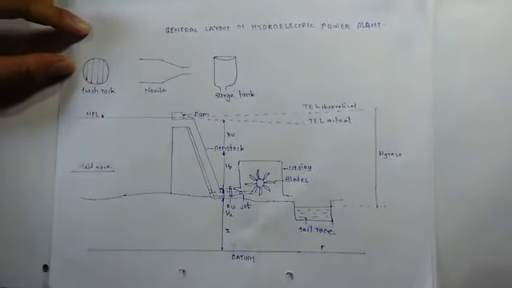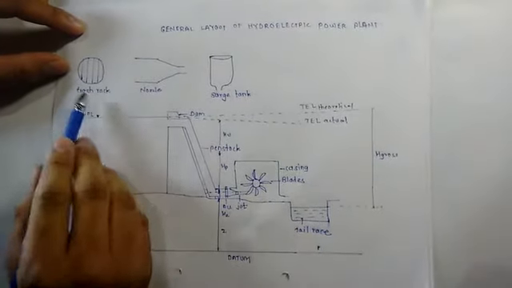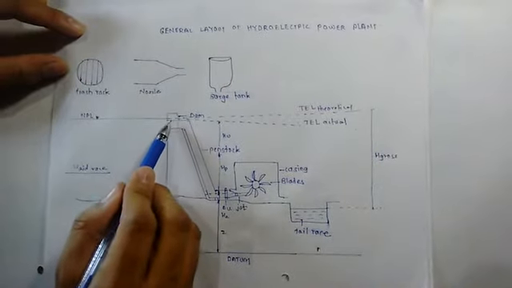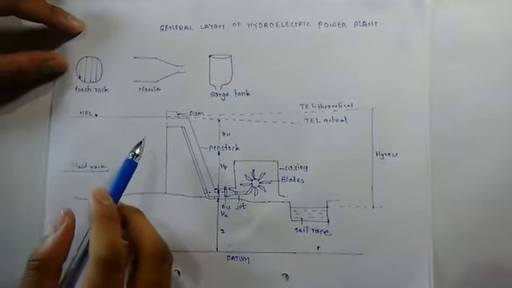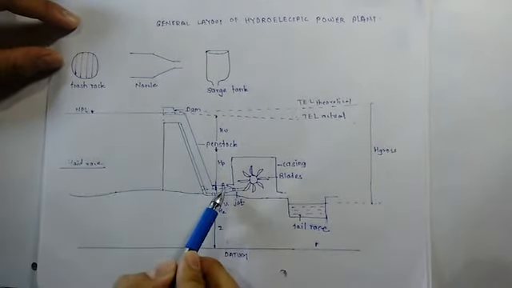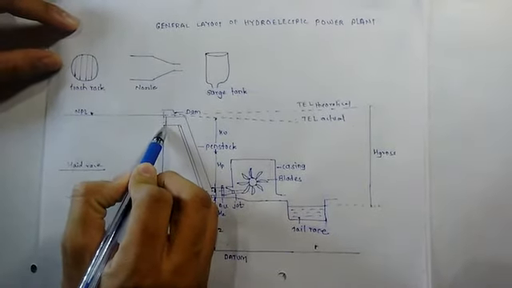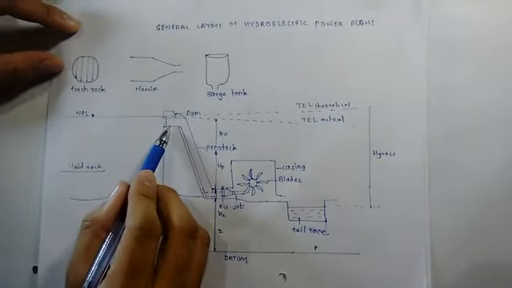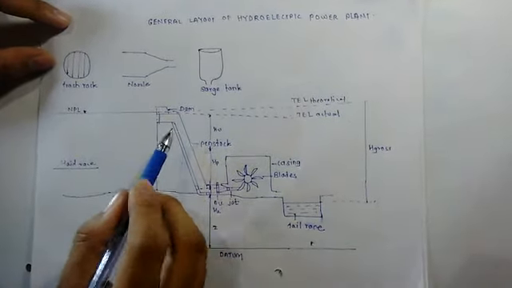Now there are two very important things. First one is, after the trash rack there is an air inlet. Why is this air inlet used? Suppose there is water in this penstock and we stop the water flow directly, as in we obstruct it. Then at this portion there is no water and a vacuum is created.